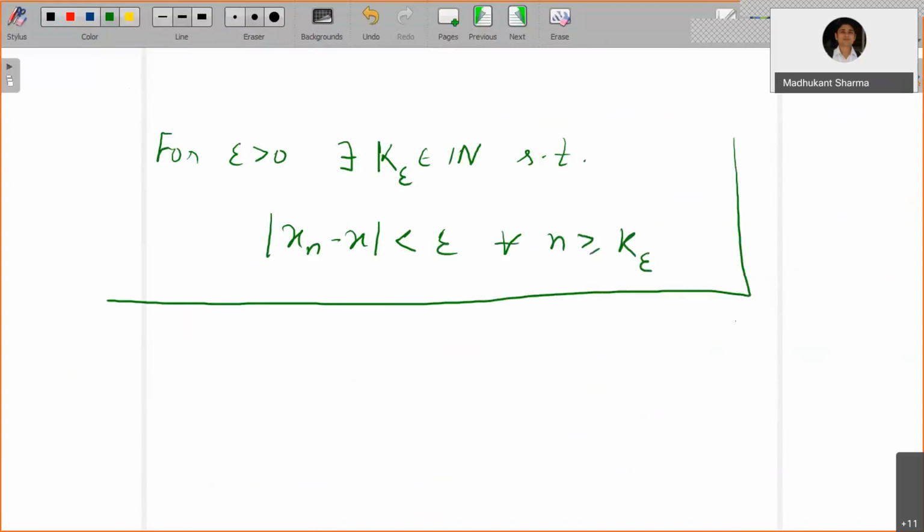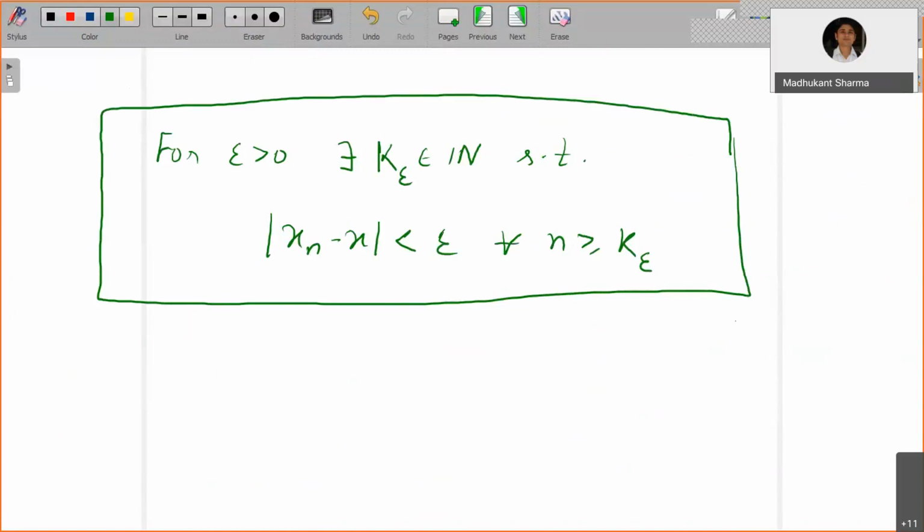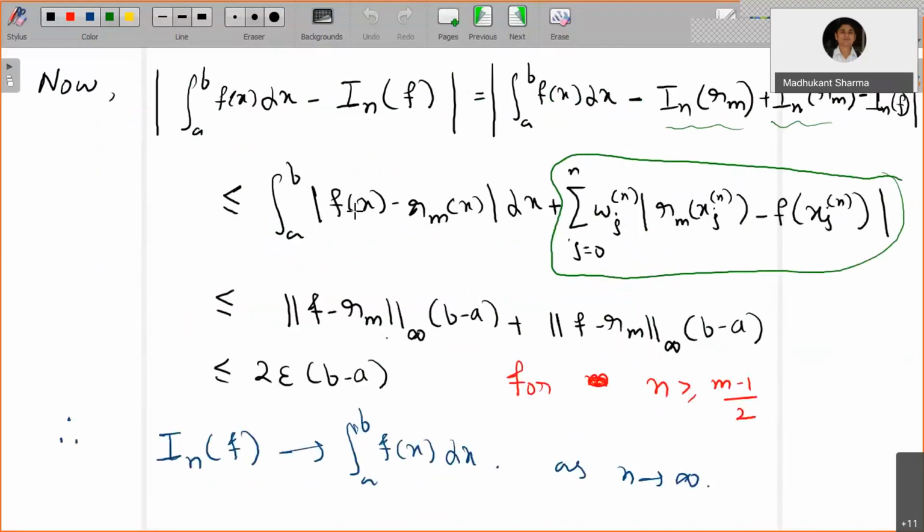Now if you compare this definition of the limit, where the limit of xn is x, with the previous result, k epsilon is nothing but m minus 1 by 2, x is nothing but the integration a to b f of x dx, and xn is nothing but In of f. Okay, so you have started with a given epsilon bigger than 0, so you can now make it arbitrarily chosen. And you can certainly find a stage afterwards that lies in the neighborhood of In of f.